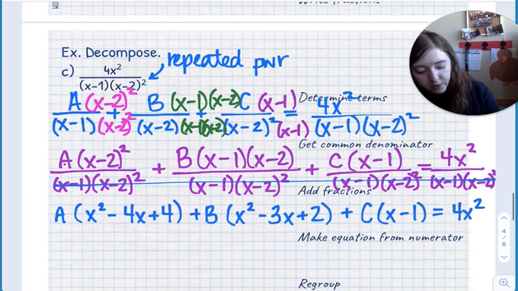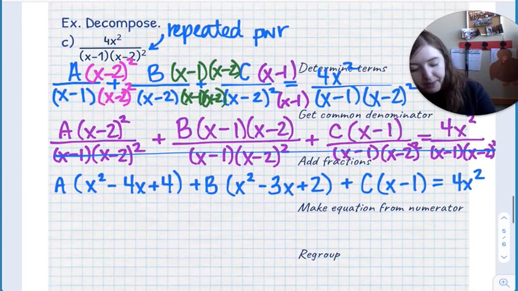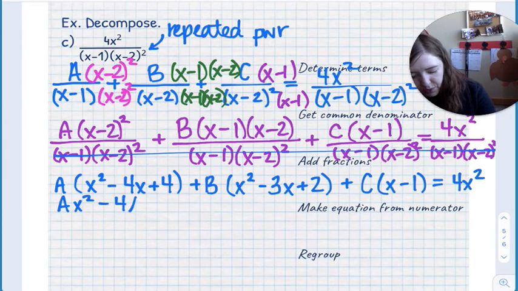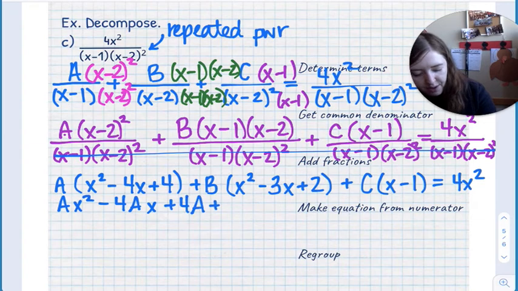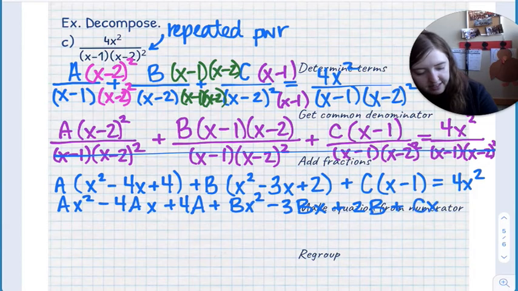So then I'm going to go ahead and distribute out my A, B, and my C. So I have ax squared minus 4ax plus 4a plus bx squared minus 3bx plus 2b plus cx minus c equals 4x squared.